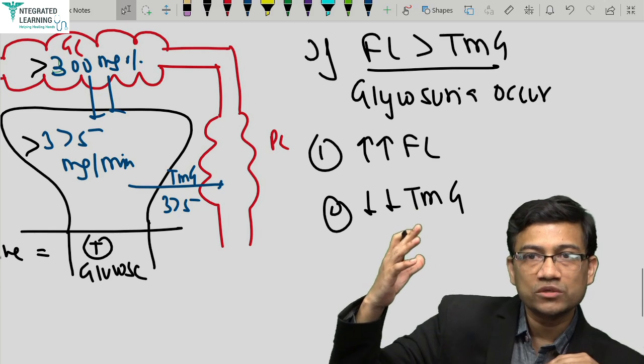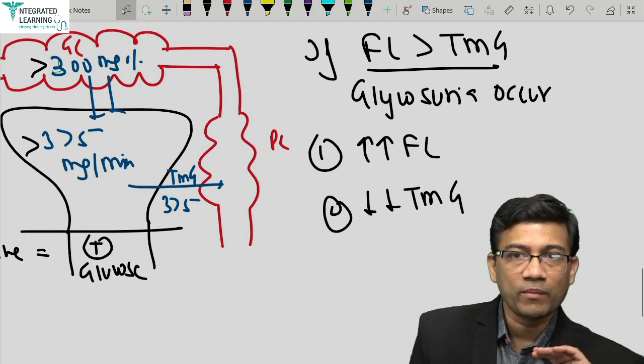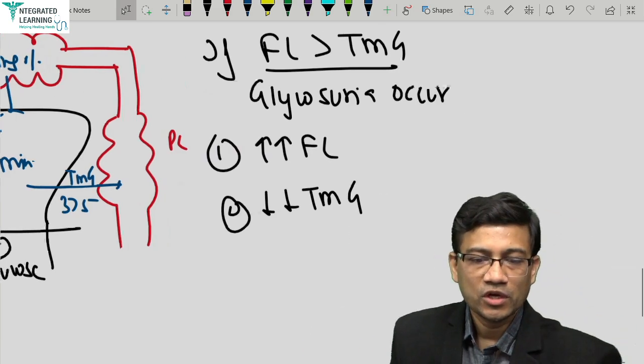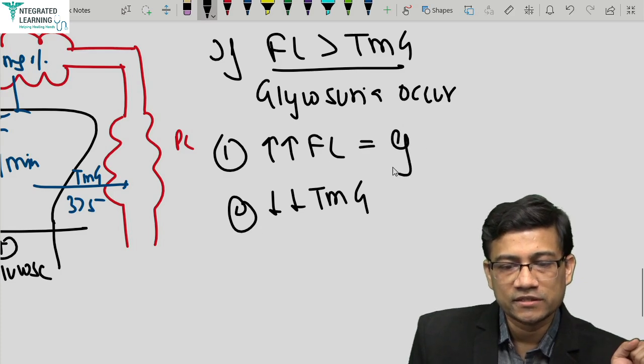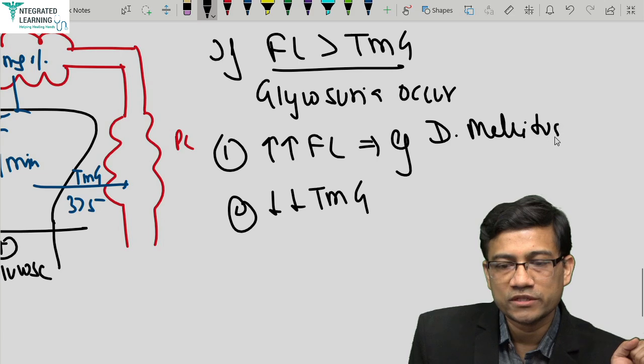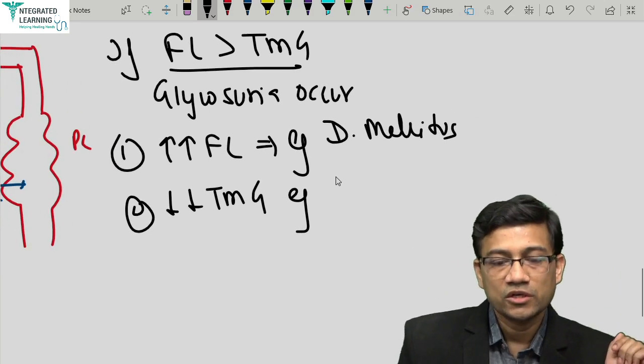Either too much glucose is there, so you can't reabsorb all, that is high FL, or glucose is filtered at the normal rate of 125, but you can't reabsorb well due to tubular damage. High FL is for example diabetes mellitus, where too much load is there. Decreased TMG is for example tubular lesion.